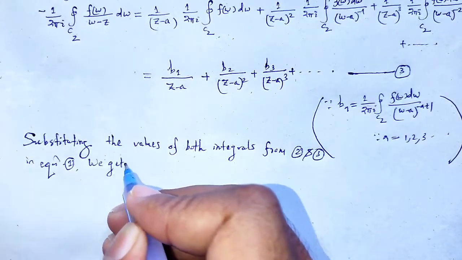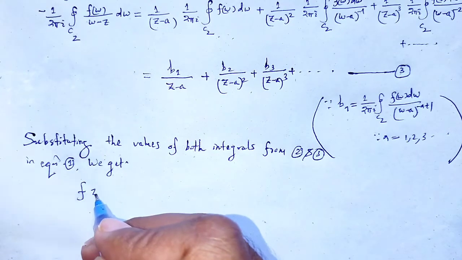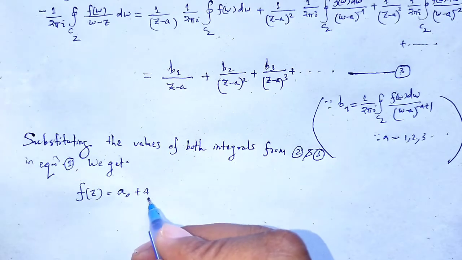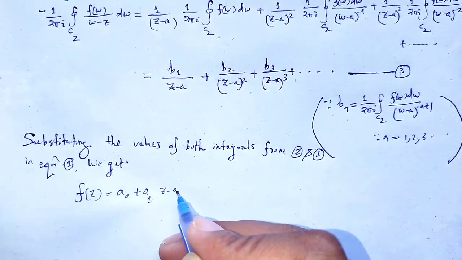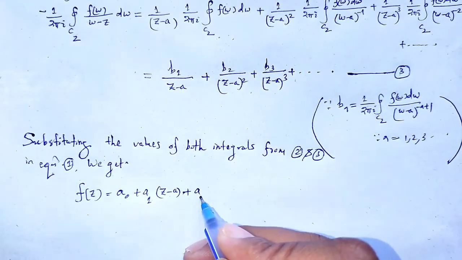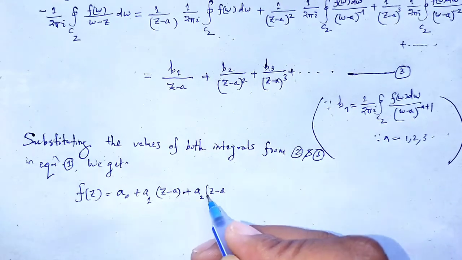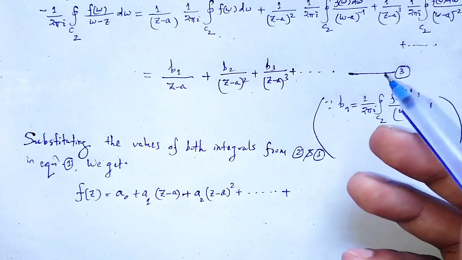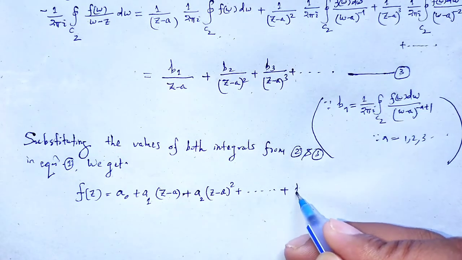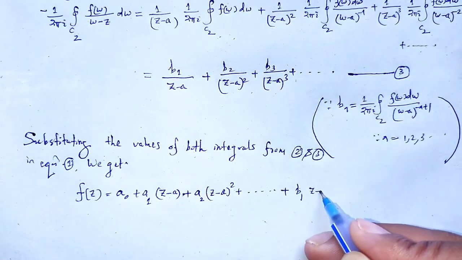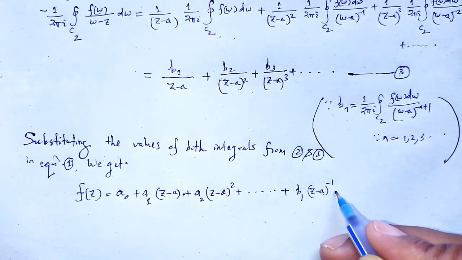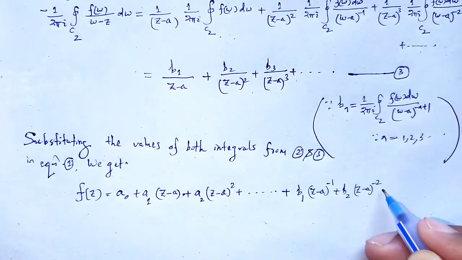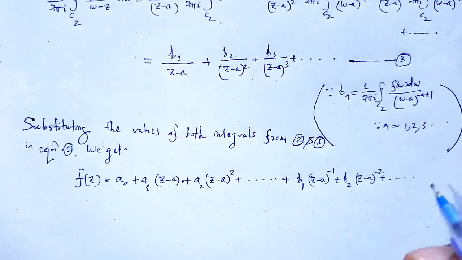We get f of z is equal to a0 plus a1 (z minus a) plus a2 (z minus a) squared plus dot dot dot. Again from equation 3 we have the values like b1 (z minus a) to the power minus 1 plus b2 (z minus a) to the power minus 2 plus dot dot dot.